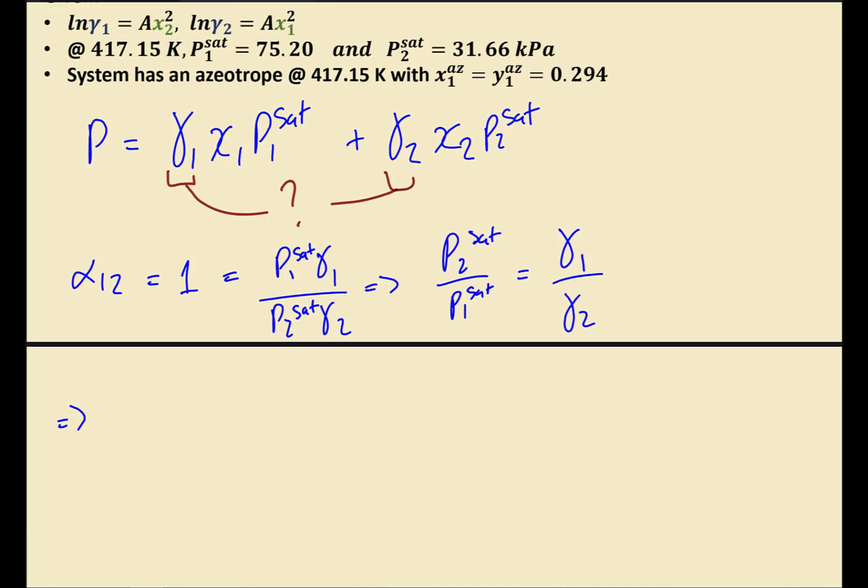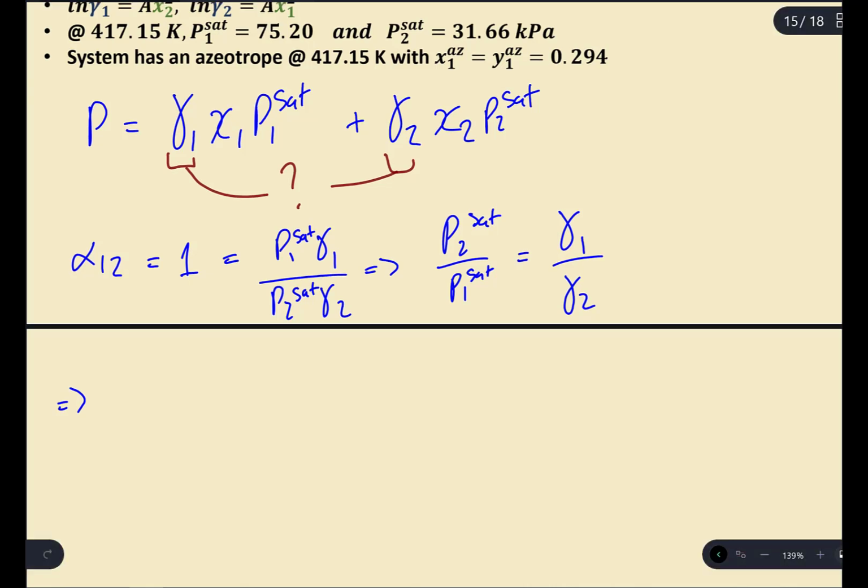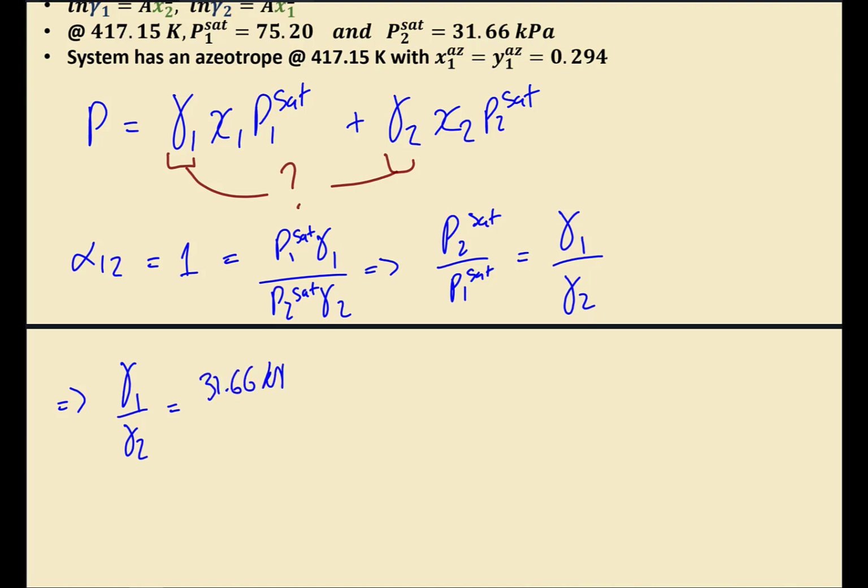If you didn't know those and you knew Antoine's equation, then you could solve for those using Antoine's equation, because you know the temperature. So we do some math. We find that gamma 1 over gamma 2 equals 331.66 kilopascals over 75.20. The pascals cancel out, and we get 0.421.